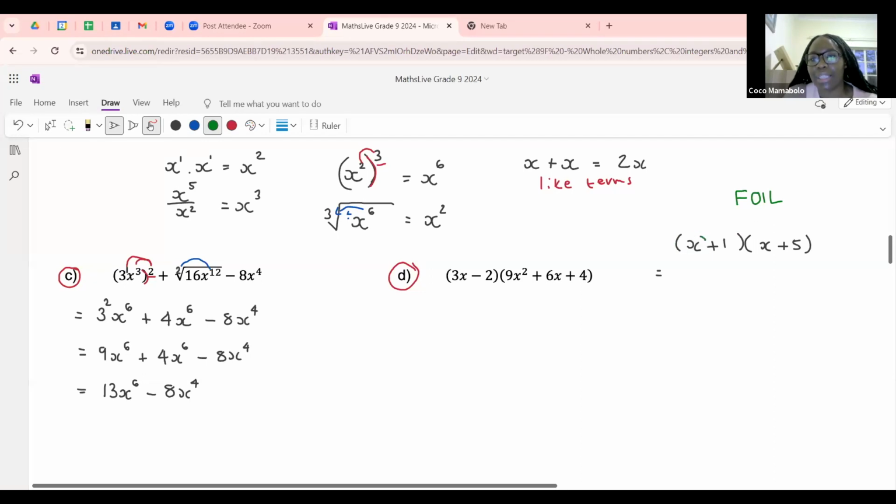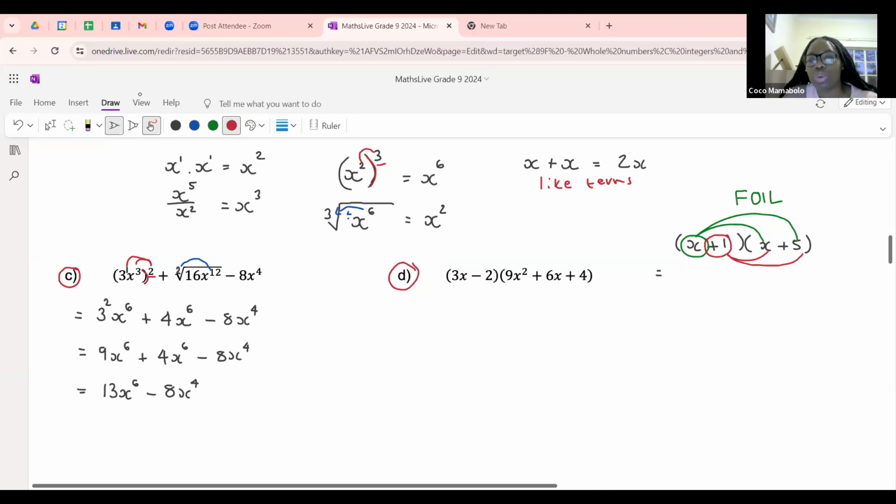I'm going to take x, and I'm going to multiply it with everything in the second bracket. So I'm going to say x multiplied by that and multiplied by that. It must multiply both of them, right? And then when I'm done with x, I'm going to go to 1, and I'm going to say 1 must also multiply x, and it must also multiply 5. So each of them is multiplying each thing in the bracket one at a time, right?